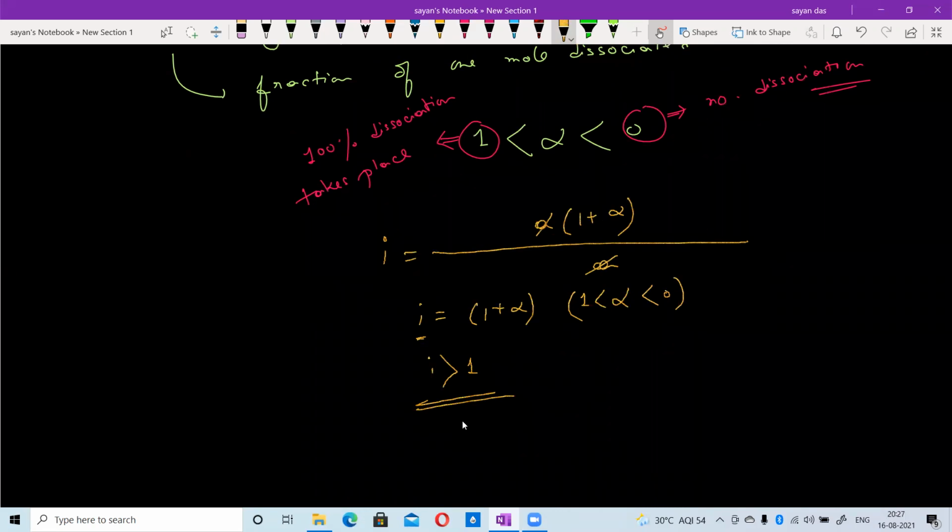Is it clear? Any doubt regarding this part? Okay. So always remember, for the dissociation case, the Van 't Hoff factor value is always greater than 1. Is it clear? Any doubt? Okay, this is clear.